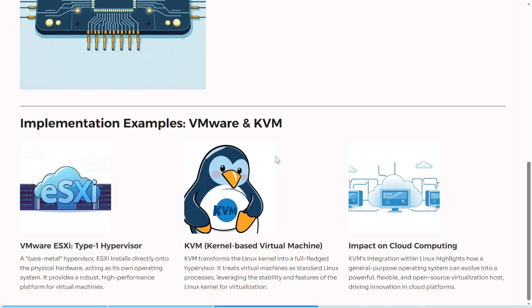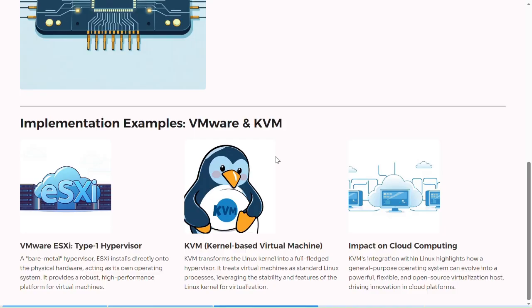And now let me discuss the impact on cloud computing. If you have ever used AWS or Google Cloud, for example, in AWS there are multiple types of virtual cloud computing, and you are likely running on KVM.